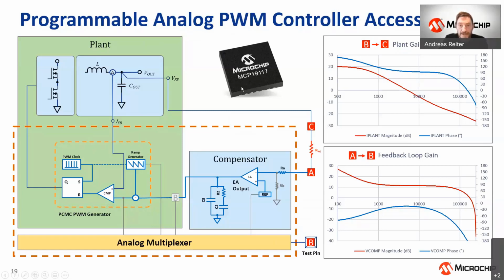So what we built into this controller is a multiplexer, which allows you to select that point and bring it out onto a test pin so that you can still perform your plant measurement from point B to point C. But you would have to enable this in software through a software communication command and enable that signal and route it out onto a test pin.